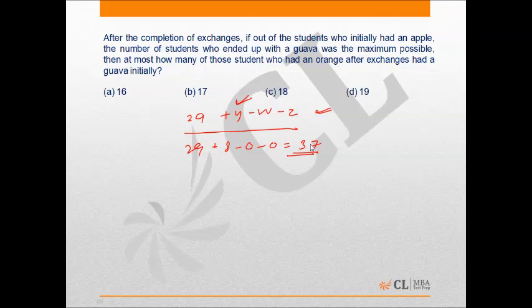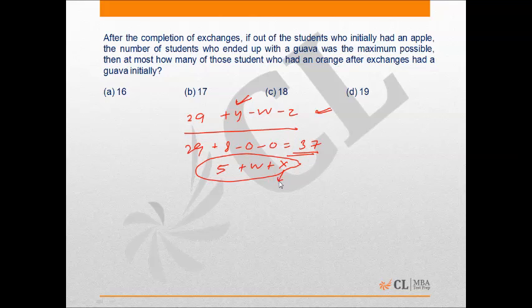Then it is asking, at most how many of those students who had an orange after exchanges had a guava initially. The number of students who had an orange after exchanges and had a guava initially is 5 plus W plus X, and we have to get the maximum value of this quantity.